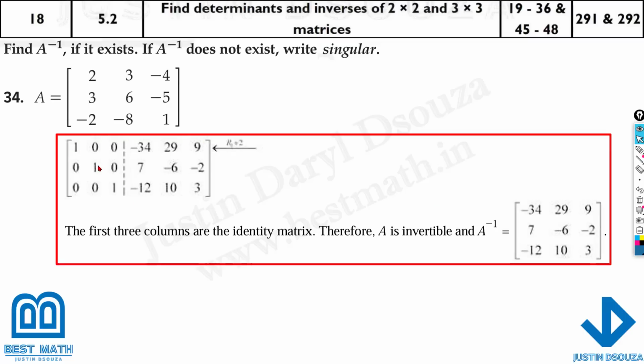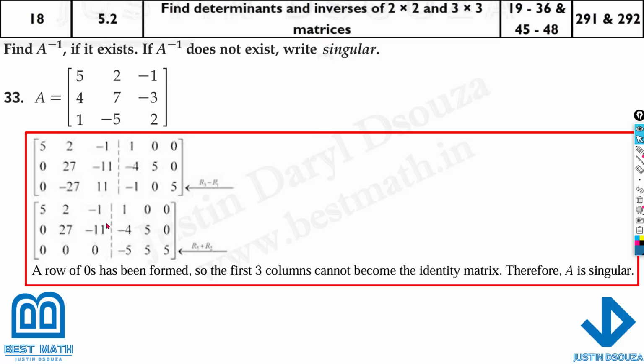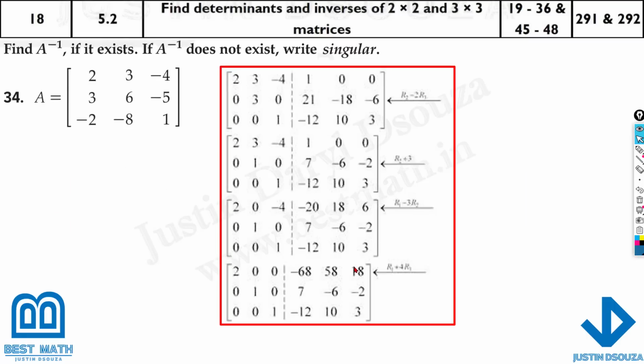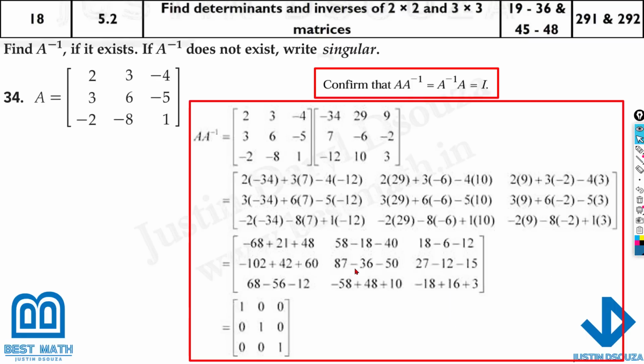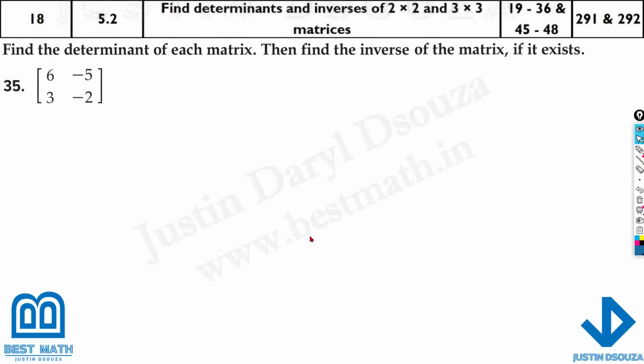Left side, you have to get the identity matrix. In the previous one, whenever it is singular, you can see there's no way you can get it into identity matrix. It's just not possible. How much ever you try, one of the rows will be all 0. That means if you go ahead, there's no point. And so this is then confirming. You just multiply those both matrices and you will get identity matrix.